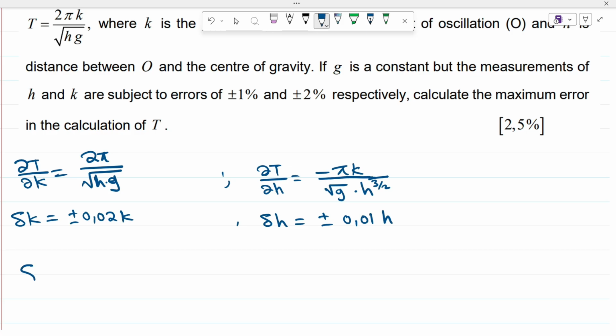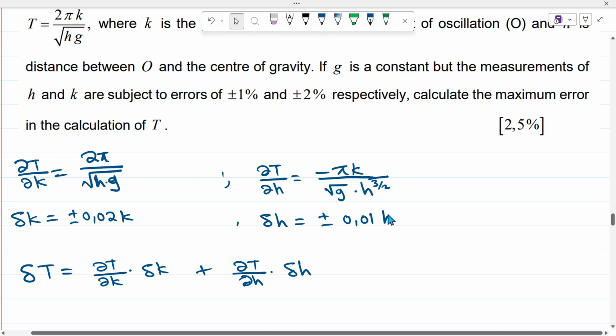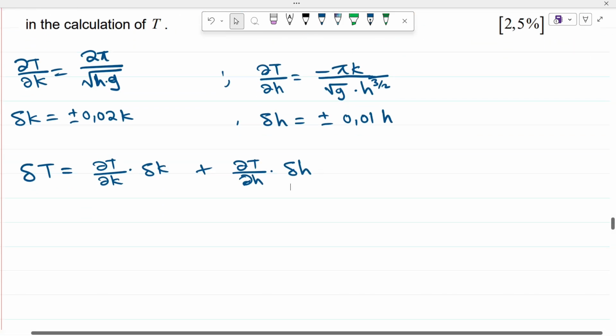The maximum change of t is going to be equivalent to the partial derivative of t with respect to k multiplied by change in k, plus the partial derivative of t with respect to h multiplied by change in h, just like that. So now we have the formula, and we're just going to substitute. Let's do the substitution now.